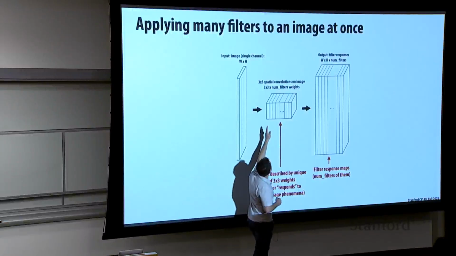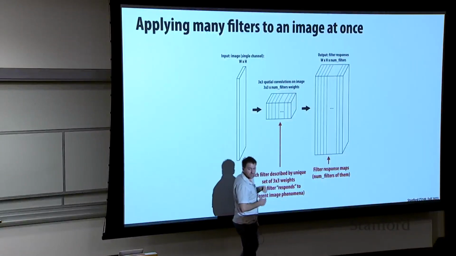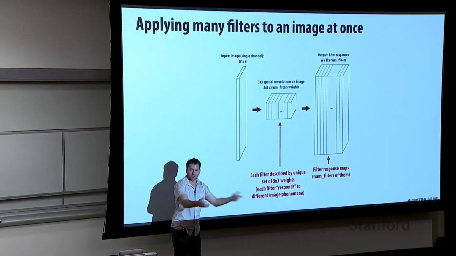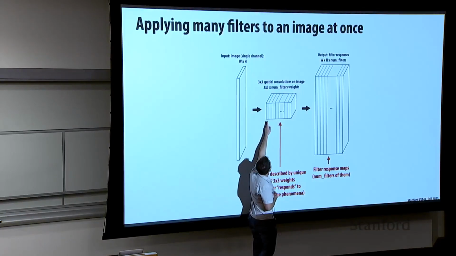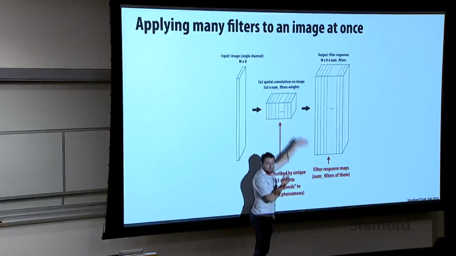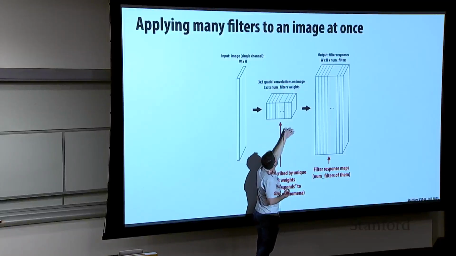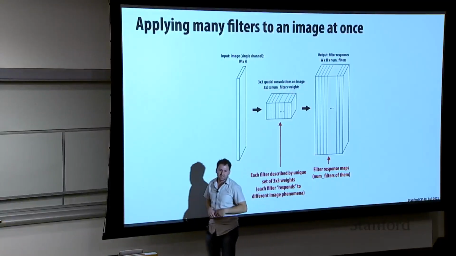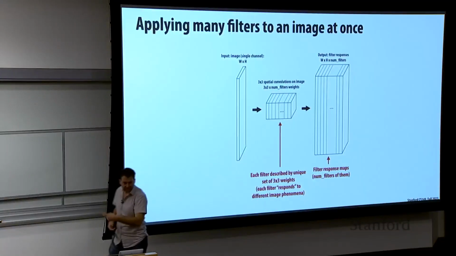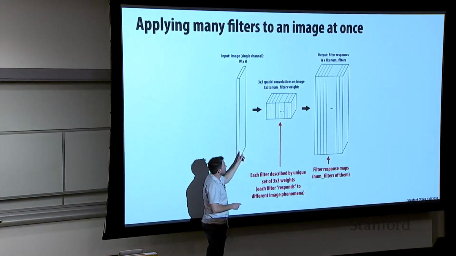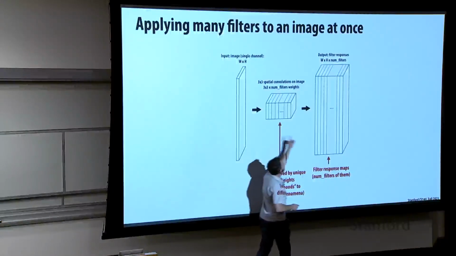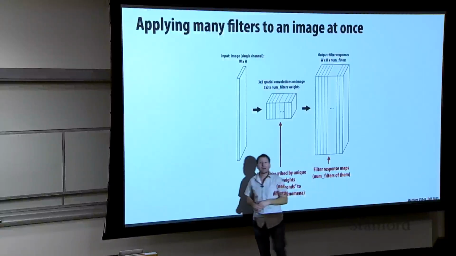And then imagine I have all of these different filters, just like I showed you, 3 by 3 matrices of values. If I'm going to do num filters of them, for convenience I'm going to stack them together in a tensor. So it's 3 by 3 by num filters. And so if I do num filters convolutions of this, I should get width by height by num filters amount of output.